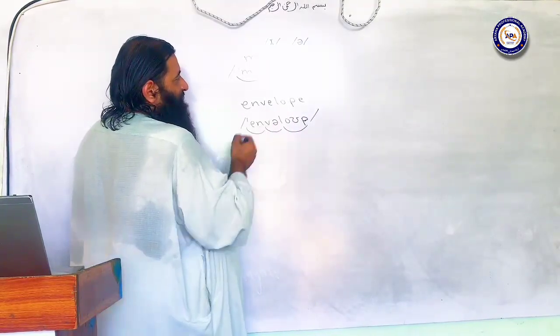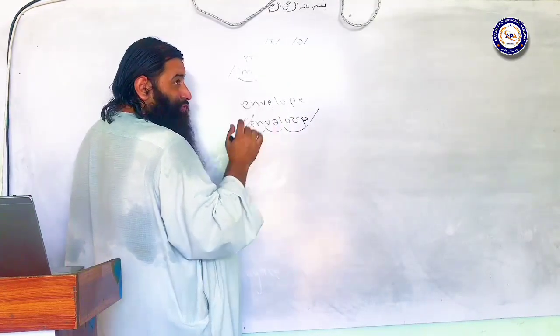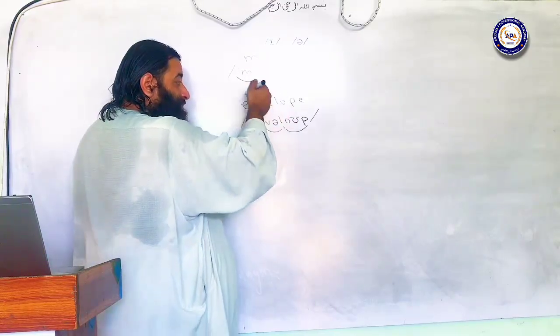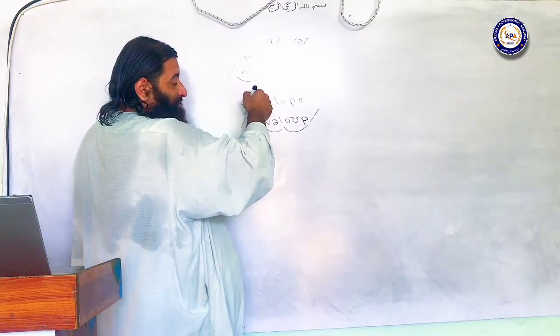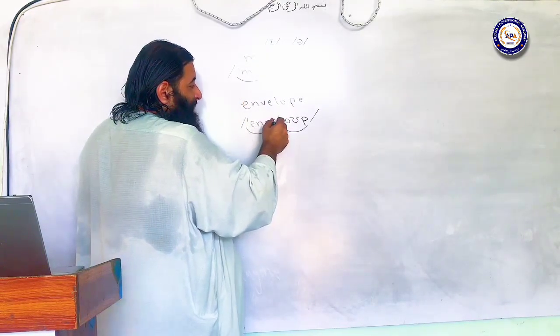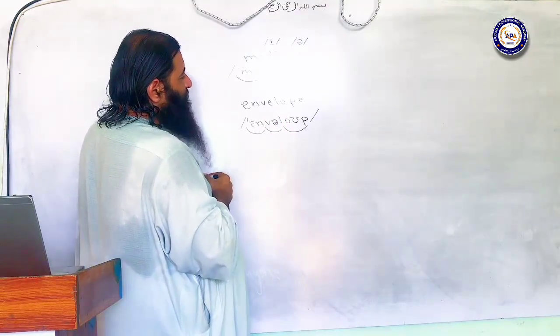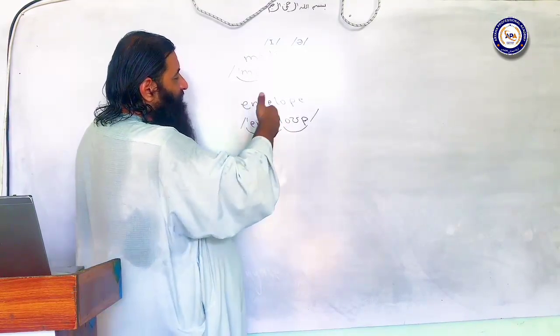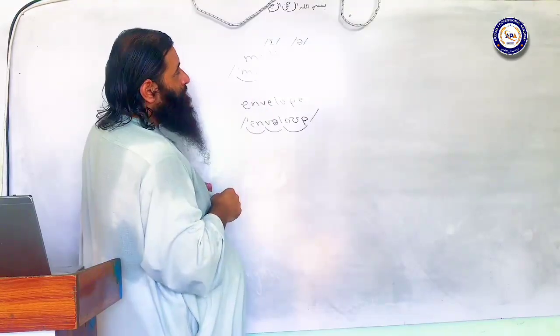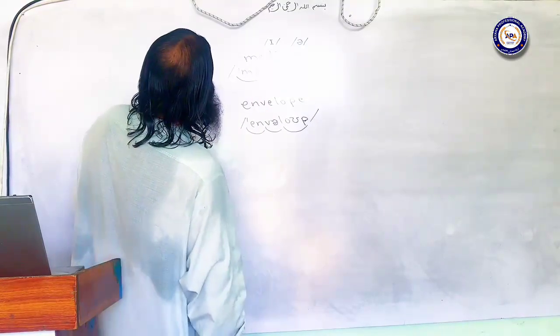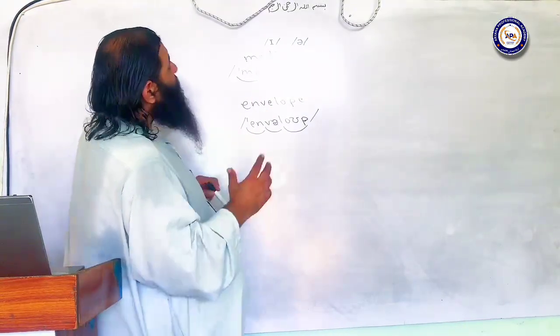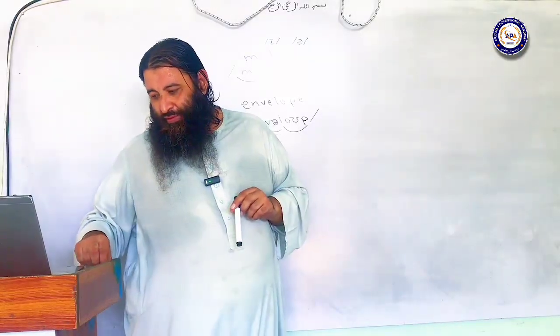The second syllable has a schwa sound, but there is no stress. However, the previous syllable, the first syllable, has stress. So we can elide this sound, and instead of envelope, we can pronounce it "envlope" in spoken English. Okay, this was about elision of vowel sounds.